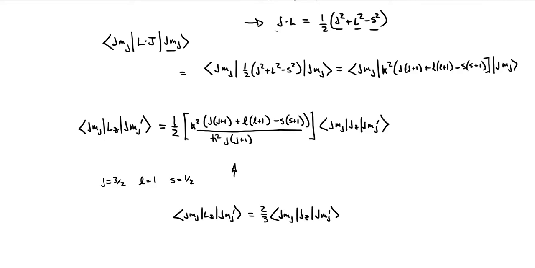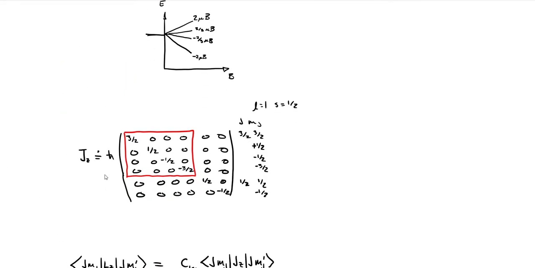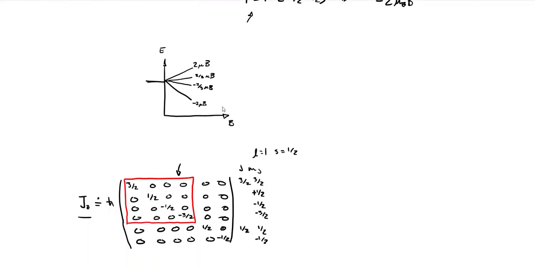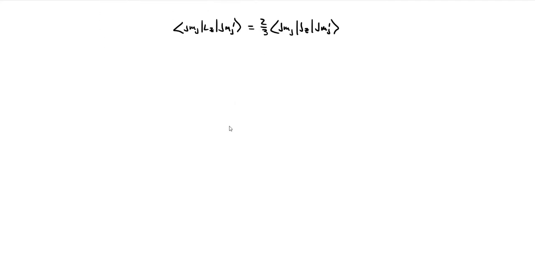If we go all the way back up and look at what our J_z operator was in that degenerate subspace, and what our L_z operator was in that degenerate subspace, we see that that's the proportionality that relates those two by comparison.